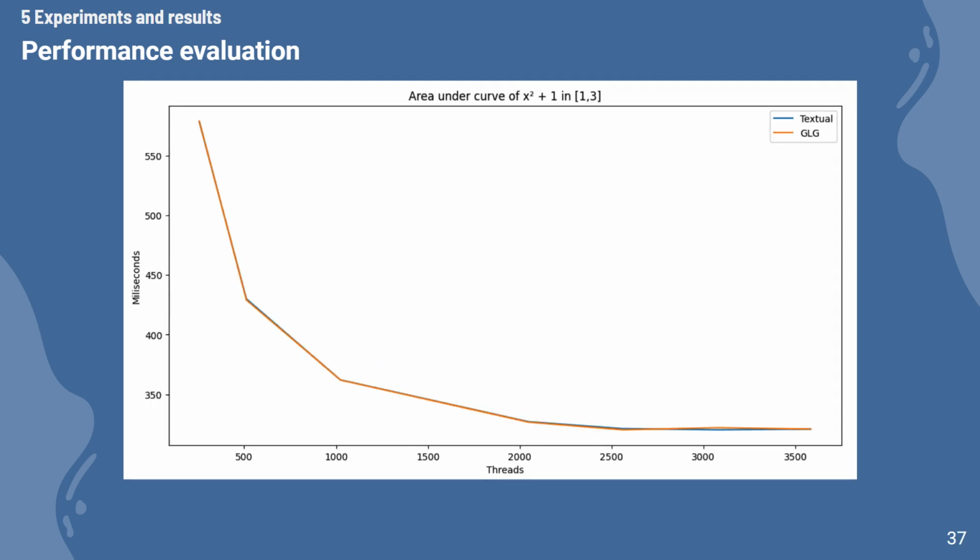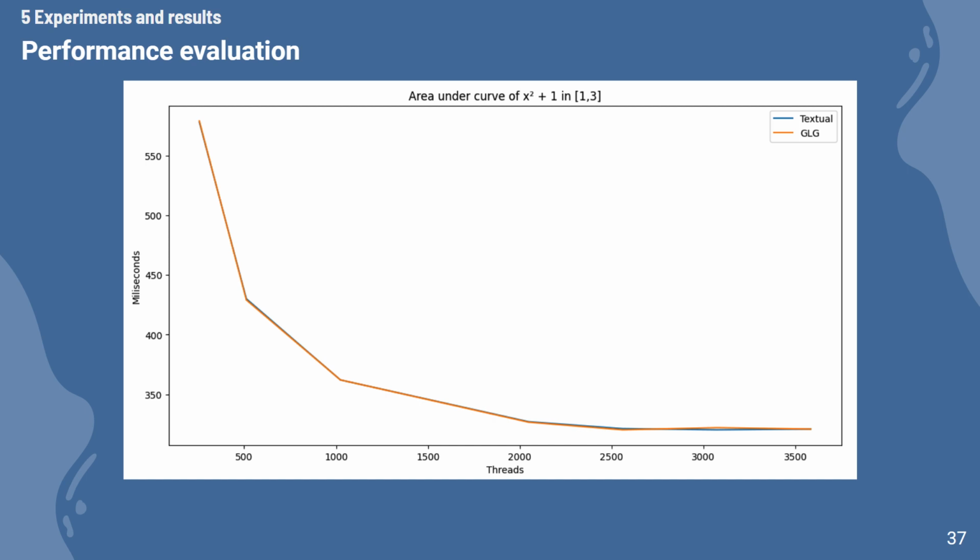Similarly, for the test case of the area under the curve, we also perform 50 executions, varying the number of threads, and record the execution times for the code generated by GLG and its textual version. The graph shows that the execution times for both versions are also very similar.